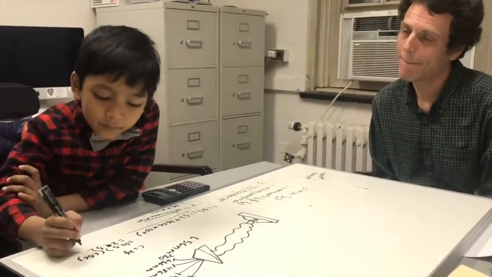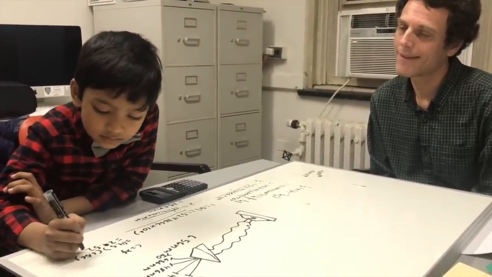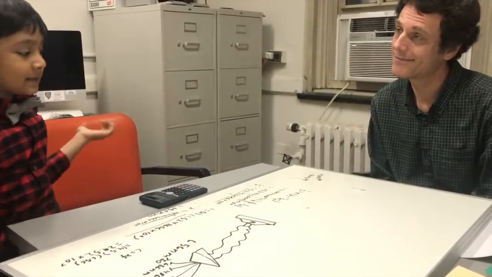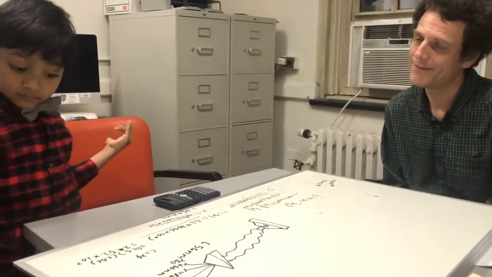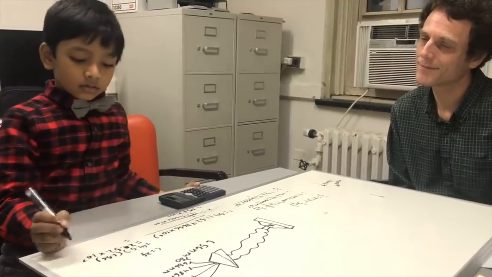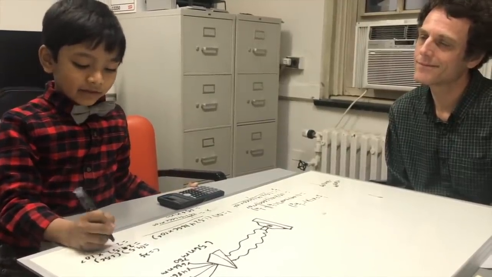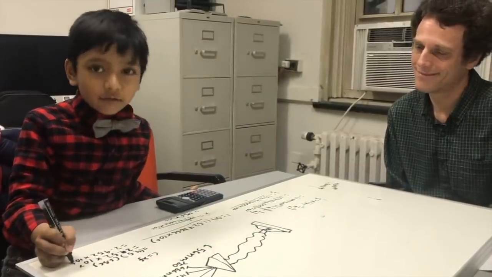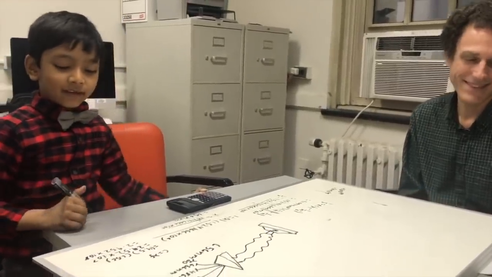So 29.52 times 10 raised to the 7, because 14 minus 7 is 7. Oh, good. So, let's make this in scientific notation: 2.952 times 10 raised to the 8. Hooray! We got the speed of light.